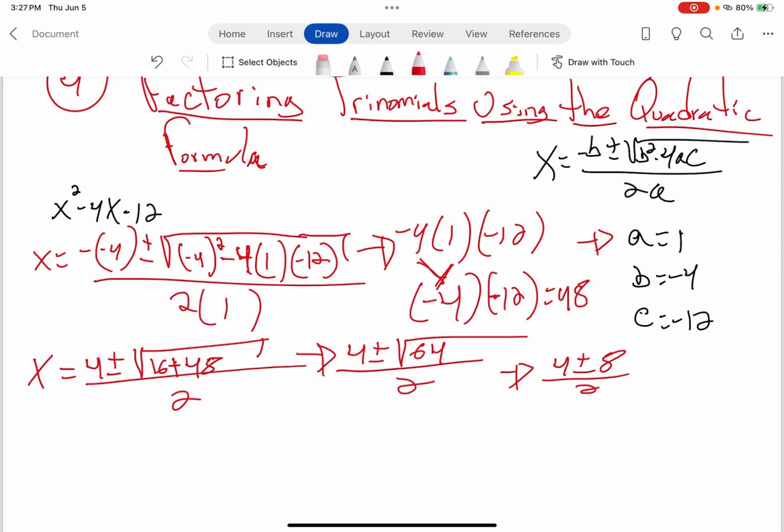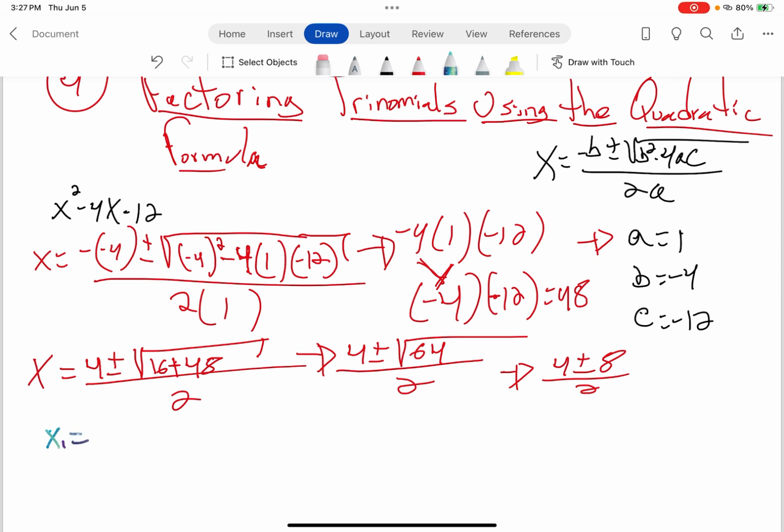The thing here is you have positive and negative, plus and minus. This is because you will get 2 answers. You will get x1 and you will get x2. That's the reason. So x1 will be using one of the 2 symbols.